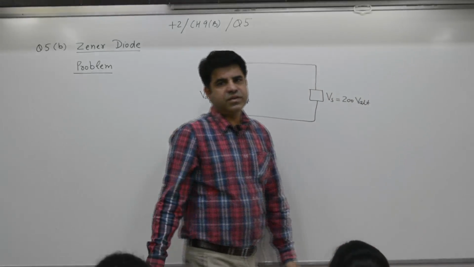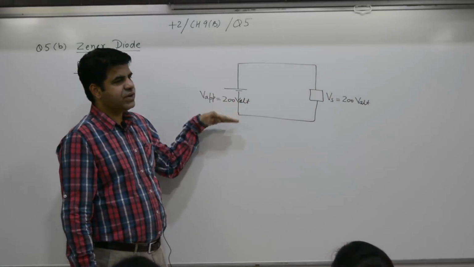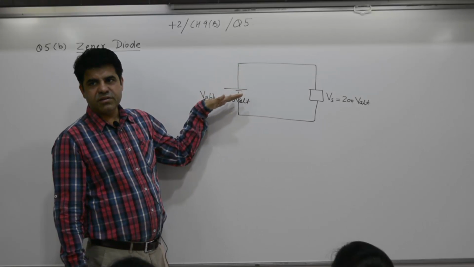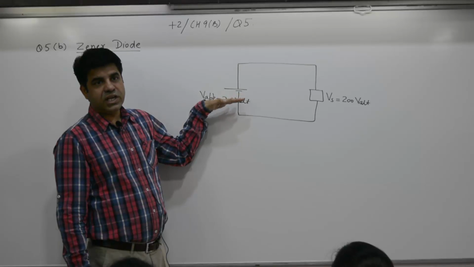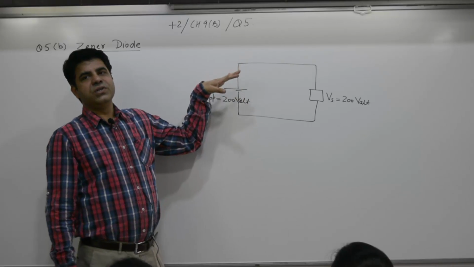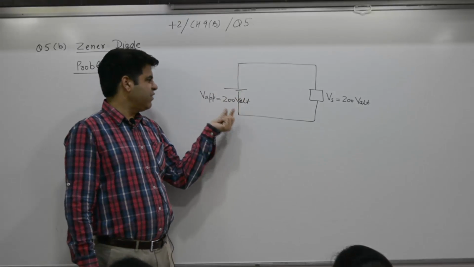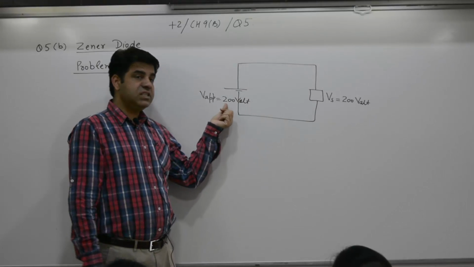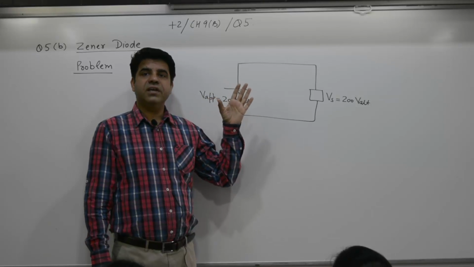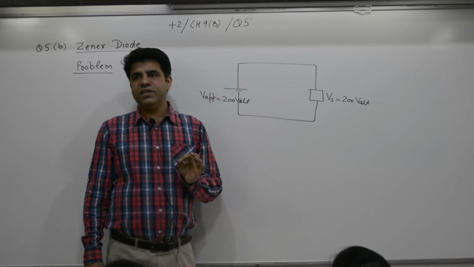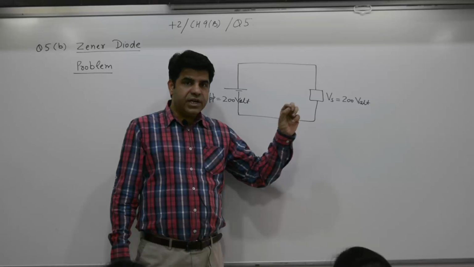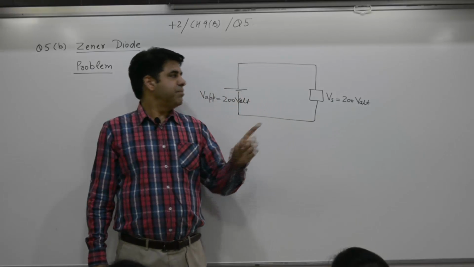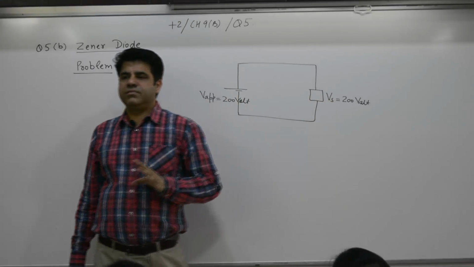But practically, the voltage fluctuates. Voltage may decrease, voltage may increase, some 10 volt increase, maybe the device can bear this voltage. But if you increase the voltage from 200 to 250, your device, if it does not have its own independent protection fuse or over voltage protection, may get damaged.